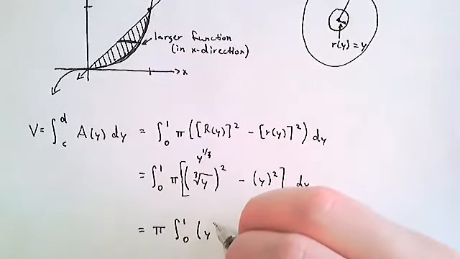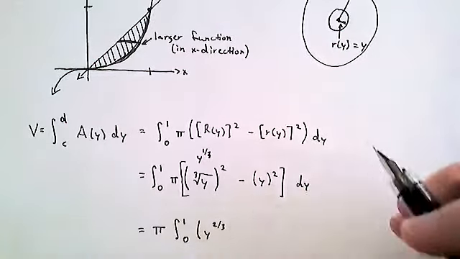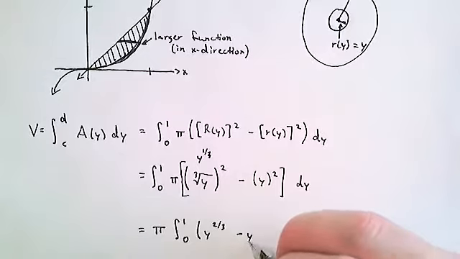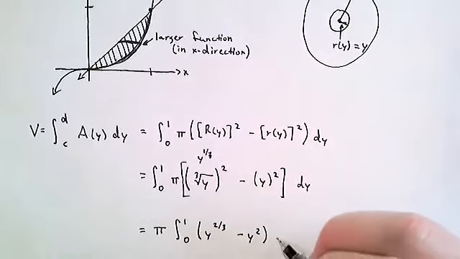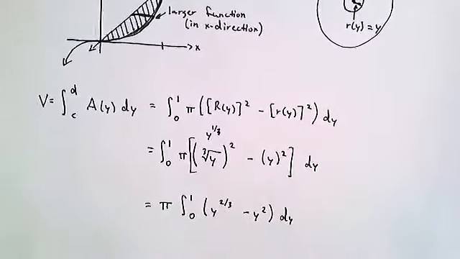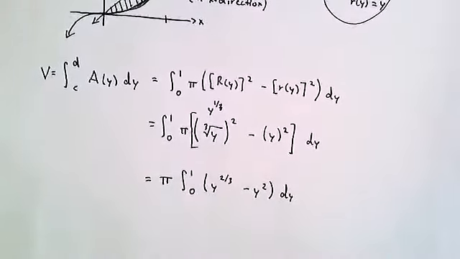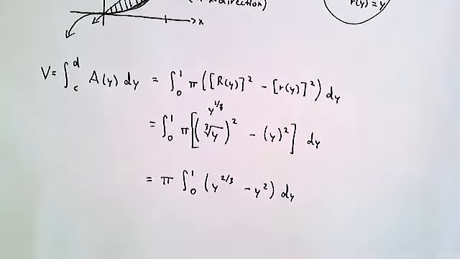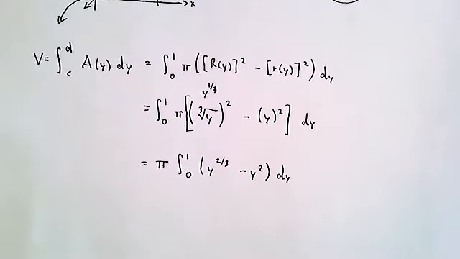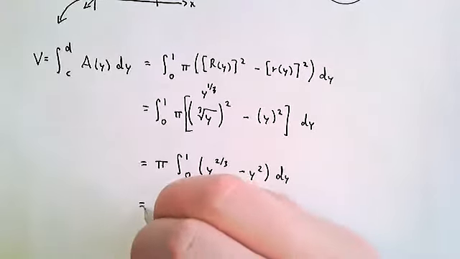So that's y to the 2/3 power. And then here we have just a y squared. And then let's see, how much time do we have? A minute. I think we can finish this off.